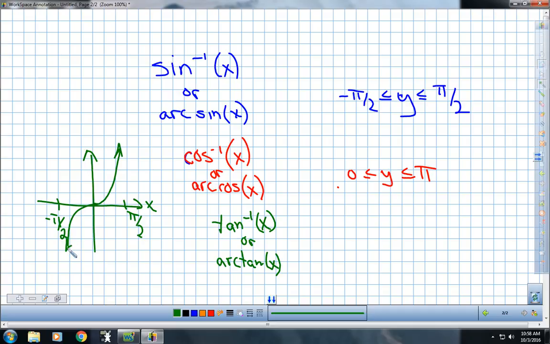So one period of the tangent function, if I just graph one period, it passes the horizontal line test. So the angle measures for the inverse tangent function, in order to preserve functionality, are also going to go from negative pi over 2 to pi over 2. Okay, does that make sense? Sarah?